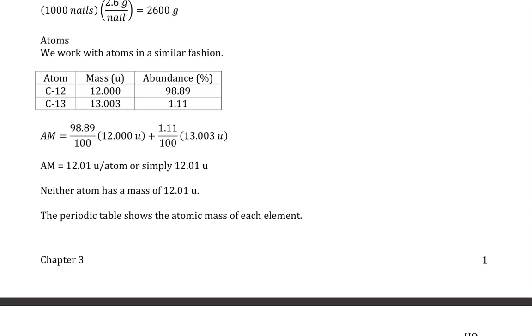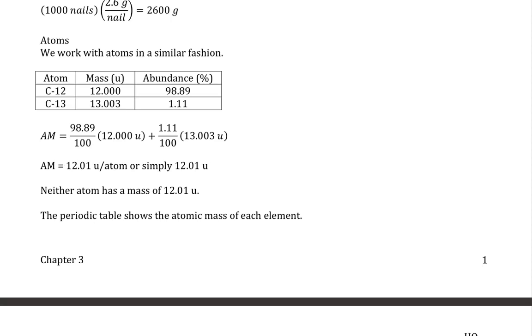The mass of carbon-12 is 12.000 U, atomic mass unit, and the abundance is 98.89%. The other main isotope of carbon is carbon-13 with a mass of 13.003 U. The abundance is 1.11.